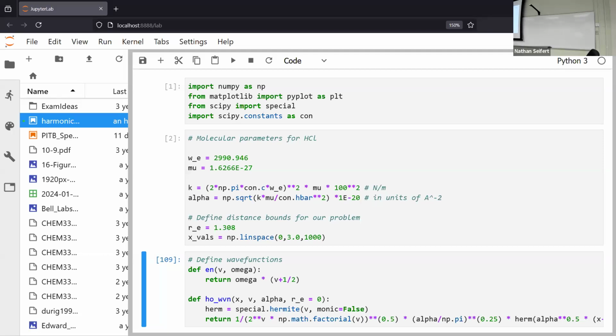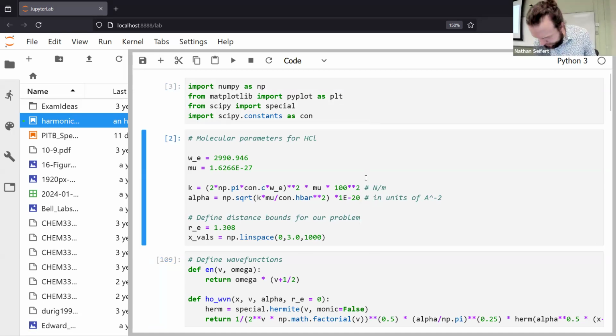These values you actually calculate on the homework, so we won't go through them. But they're just values that tell you the stiffness of the bond, and of course the reduced mass of the bond is very easy to do, knowing the masses of hydrogen and chlorine. So I set up some calculations.